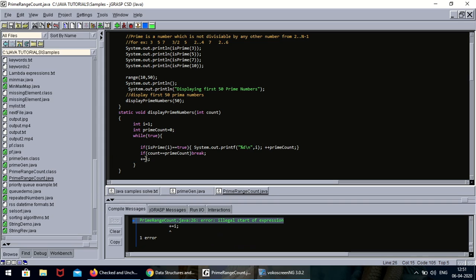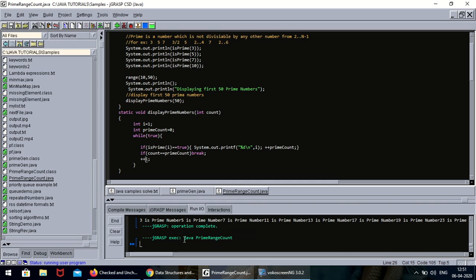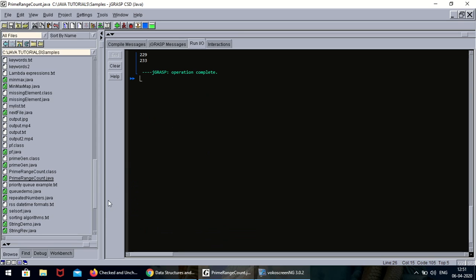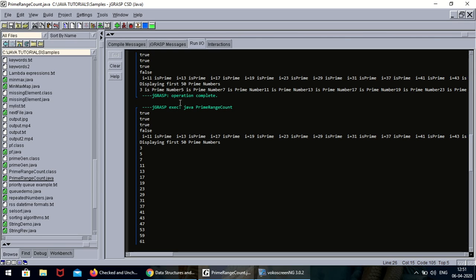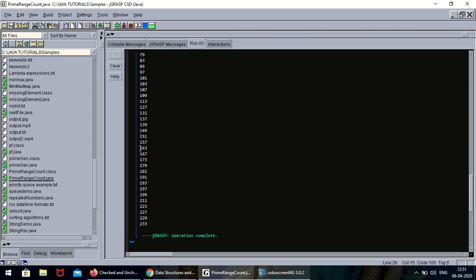Error. See, displaying first 50 prime numbers, 3, 5, 7 and up to 233.